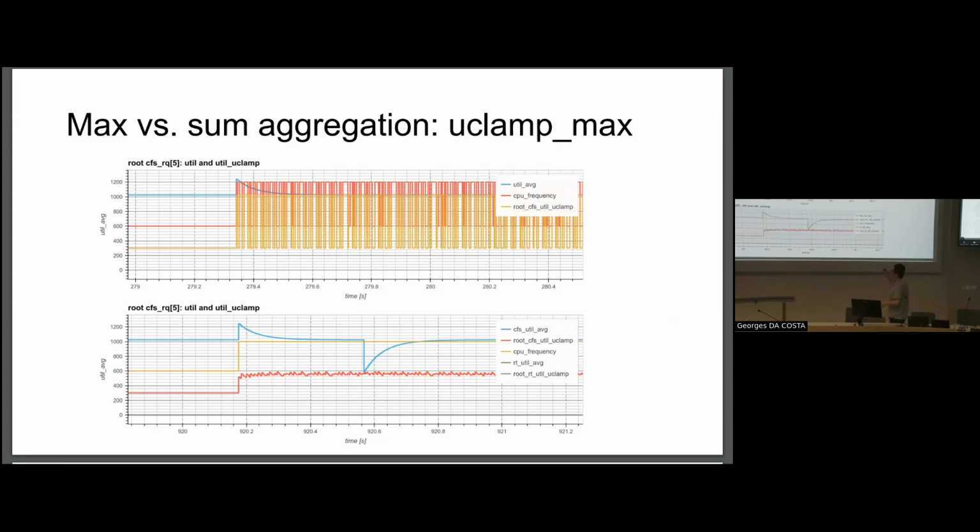But with sum aggregation, because everything is summed together, we are not just taking the max value from all the Uclamp min and Uclamp max. It makes sure that when you uncap, you only uncap a very small amount. The red line is the utilization after considering Uclamp, and you will see the CPU frequency just stays the same.